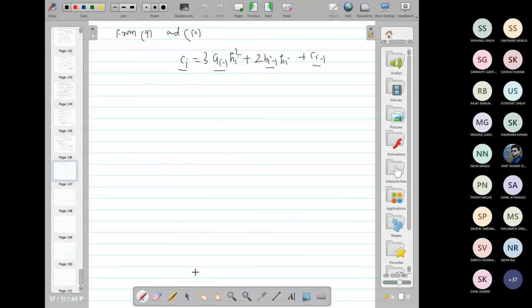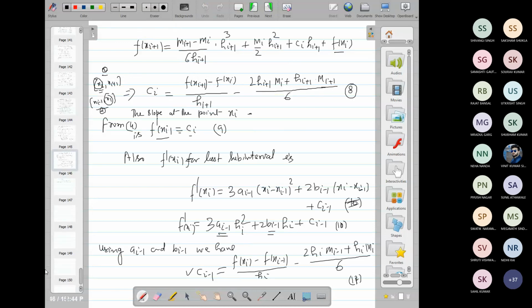So substituting the values of ai minus 1, bi minus 1, ci minus 1 and ci, we have finally ci, you see equation number 8.